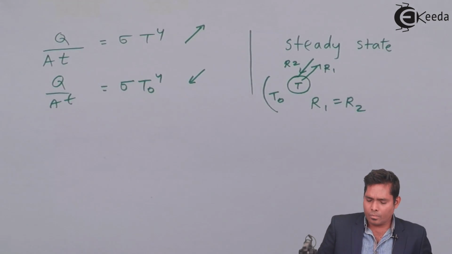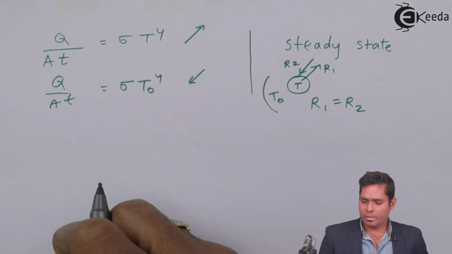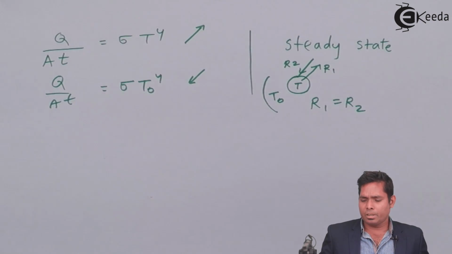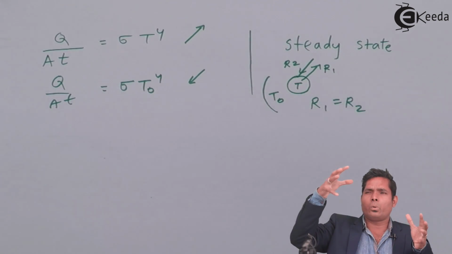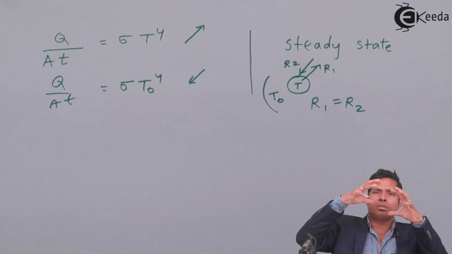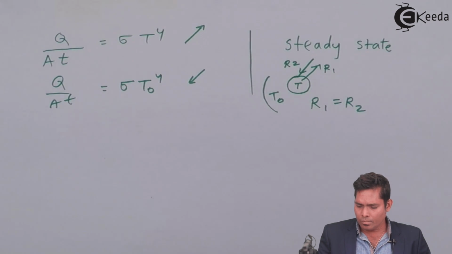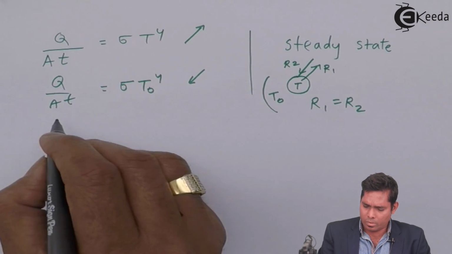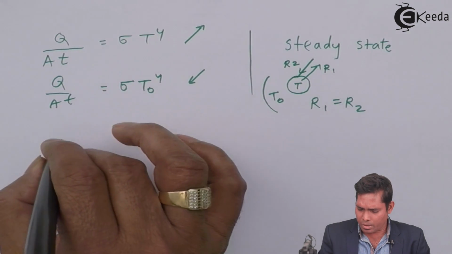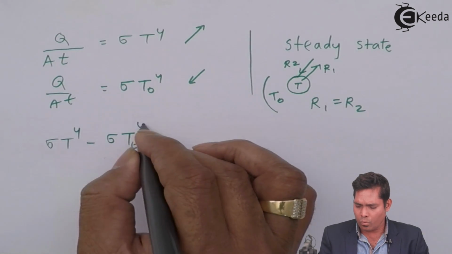Then the difference must have been absorbed, because the temperature has increased from some initial value to a certain value, and by doing so the rates of emission and absorption become equal. So I write sigma T raised to 4 minus sigma T naught raised to 4.